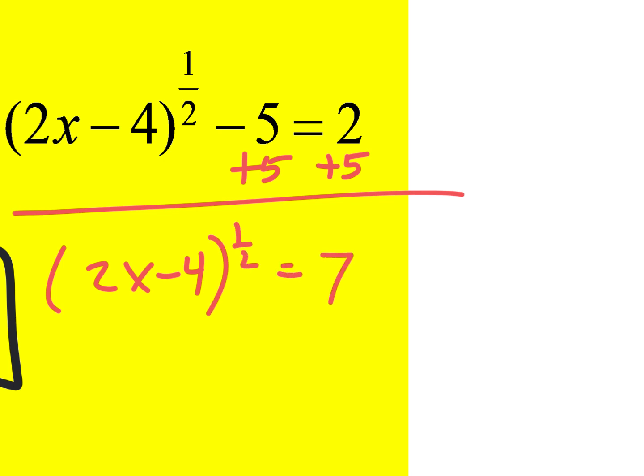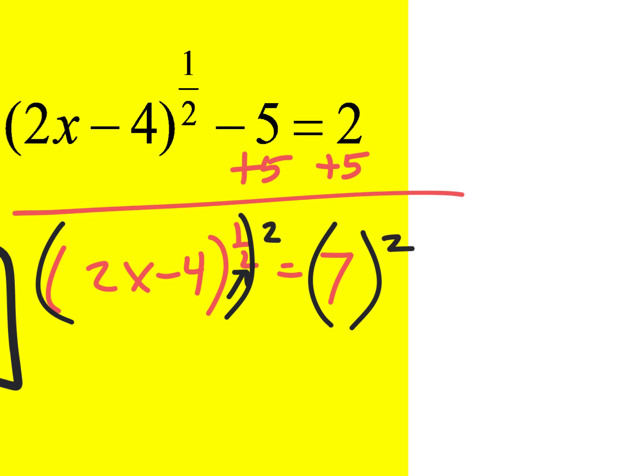Lucy, what do you think we should do next? Find the base. So I'm going to put it to a power that gets rid of this little 2 right here. What power would do that? Power of 2. Yep. Just to the power of 2.